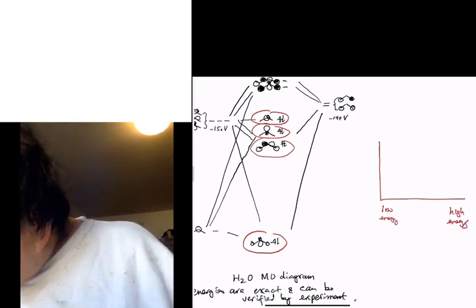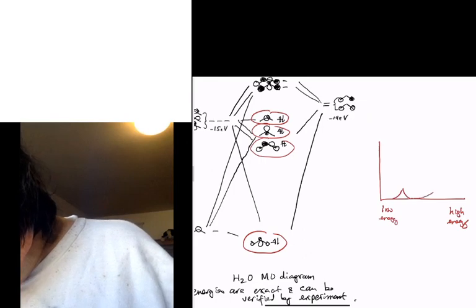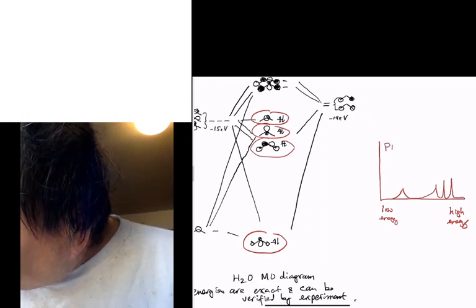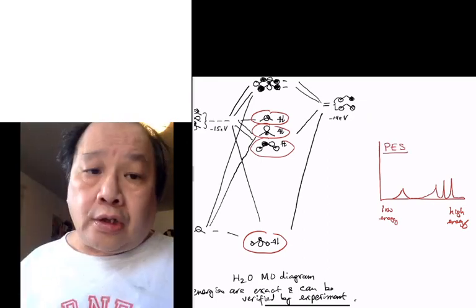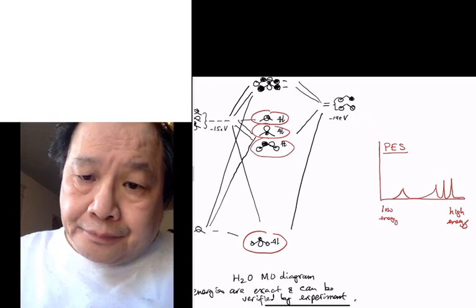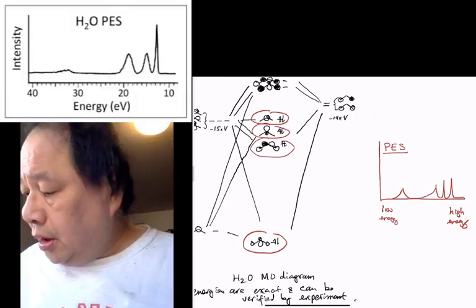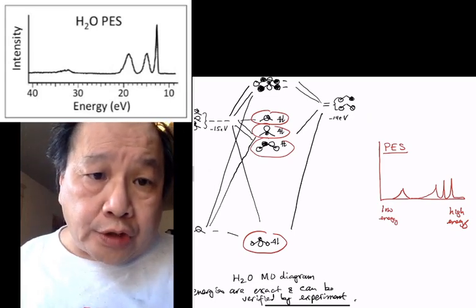I would have a peak at low energy, then 3 peaks at higher energy. This is what we predict the photoelectron spectrum to look like. And that is the water photoelectron spectrum.